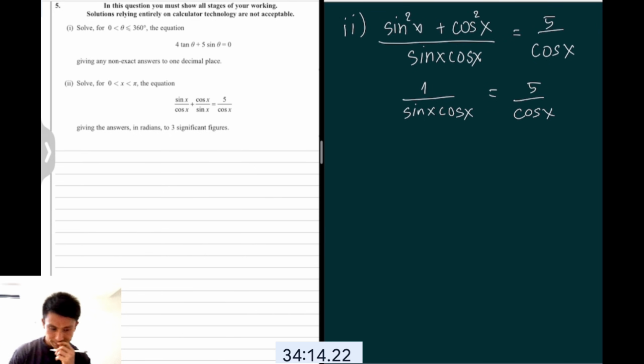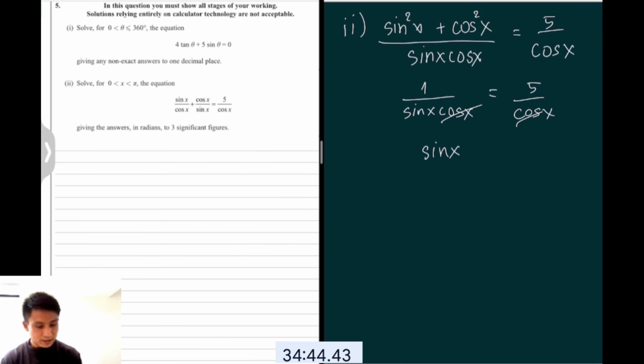Well, I have to take that back, because cos x cannot be 0, so it seems like we can cancel them. Yeah, in this case we can. But if cos x was on top as a numerator on both sides, then we shouldn't, because it will contain cos x equals 0.